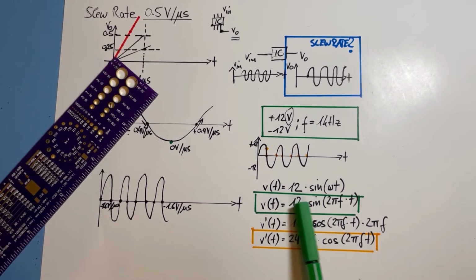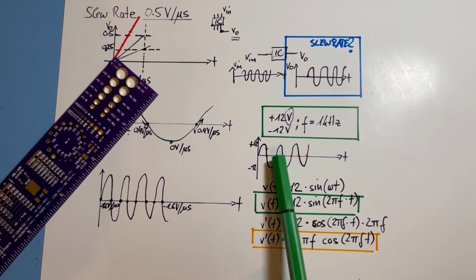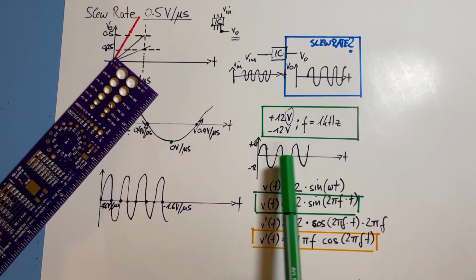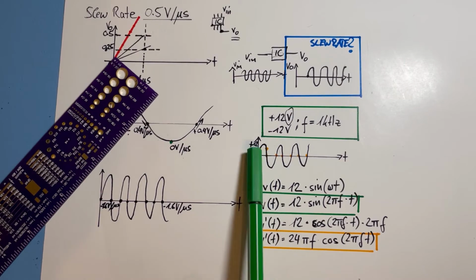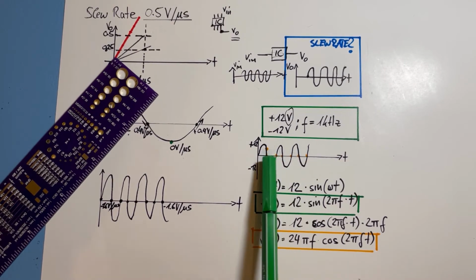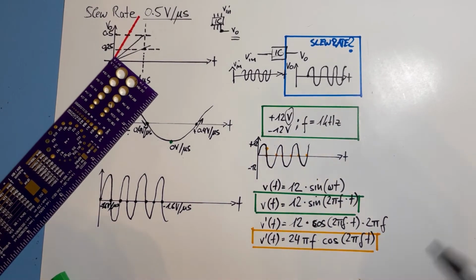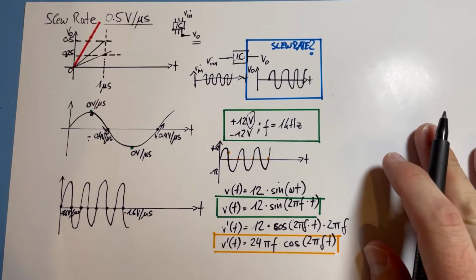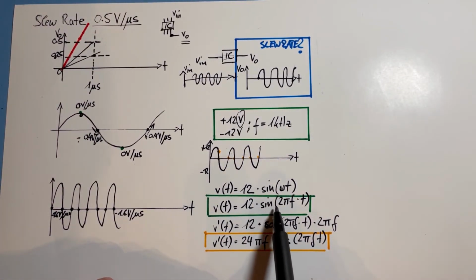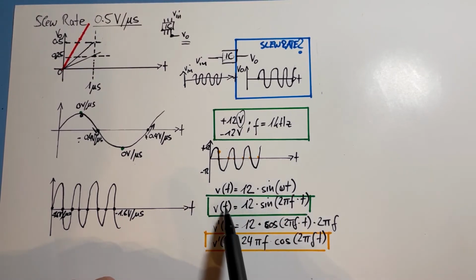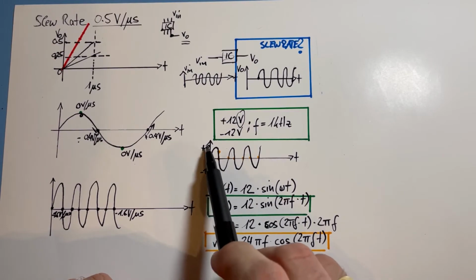So let's do that. Let's first ask ourselves, for which t is this function 0? Which are these points? In order to find out, we must simply set 12 times sine of 2 pi f t equals 0, because the voltage is then 0, between plus and minus 12.